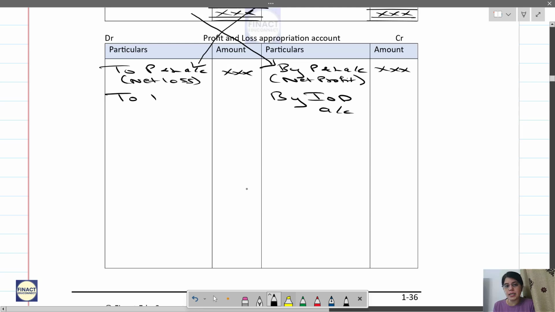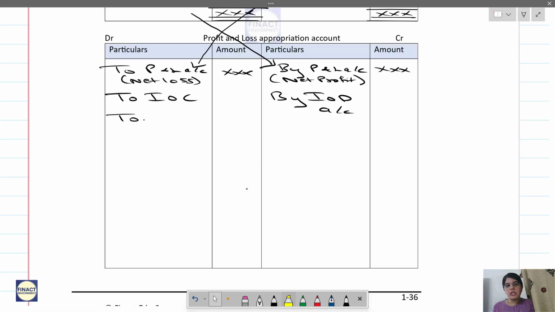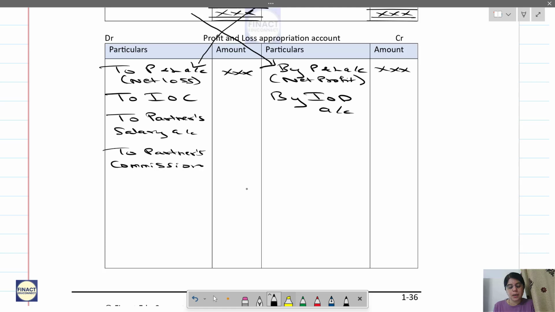It is like expense. So to interest on capital. Then partner's salary, partner's commission is also given by firm to partner. So we have to transfer it to the debit side of profit and loss. It is like an expense only. Partner's salary, to partner's commission.